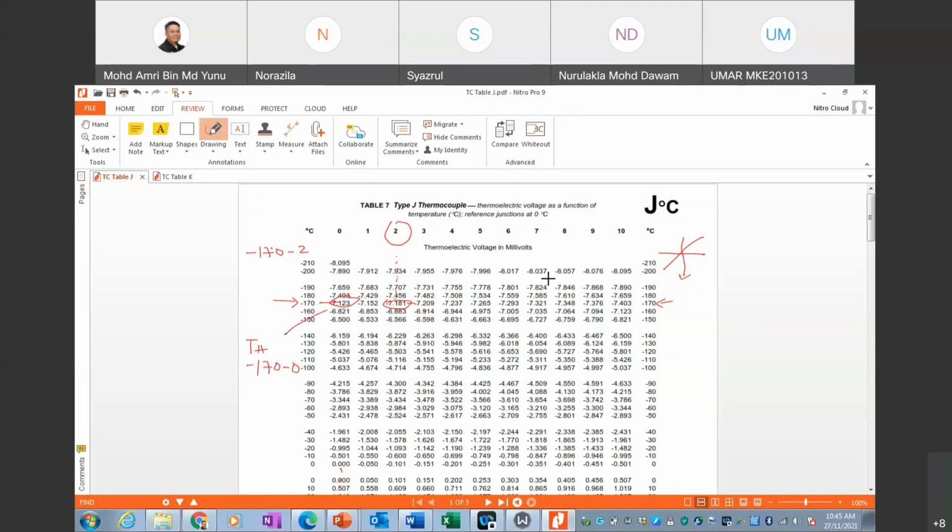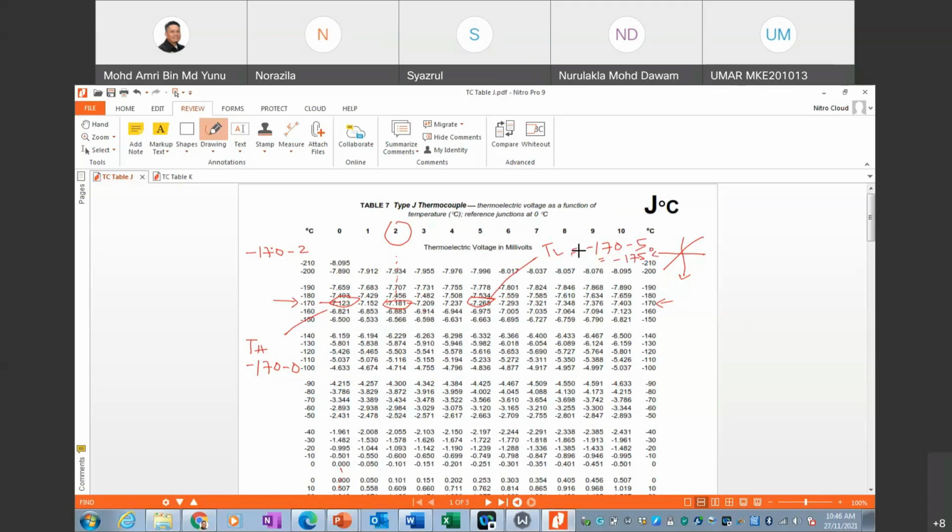And at the one other point, I choose this, whereas the T low is negative 170 minus 5, negative 175 degrees Celsius.